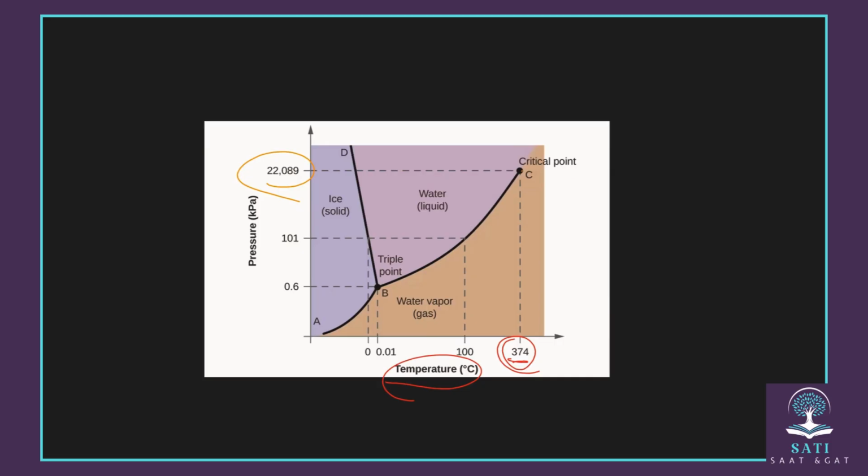What is critical point? Critical point is the point that after it, if you increase the temperature more than that, or you increase the pressure more than that, you will not see water in liquid or in gas state. It will be in a different state, which is called supercritical fluid.